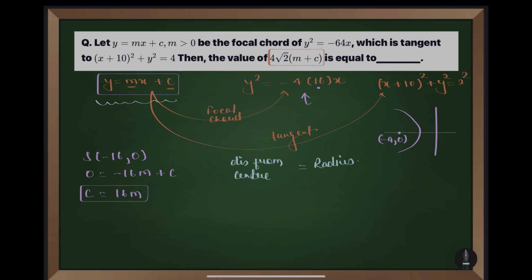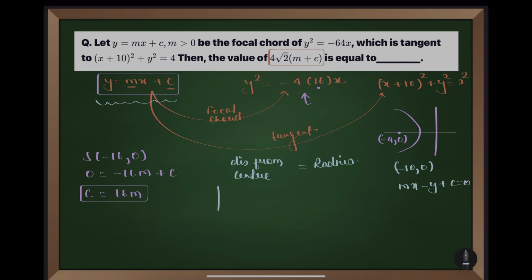So what is the center of the circle? The center of the circle is minus 10 comma 0. Now can we write this straight line as mx minus y plus c equals 0. Now find out the distance.